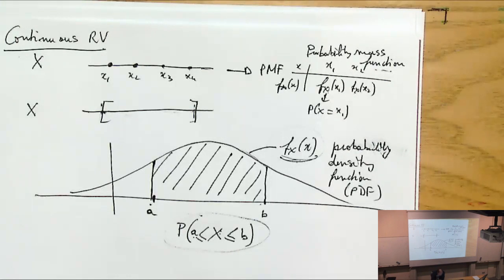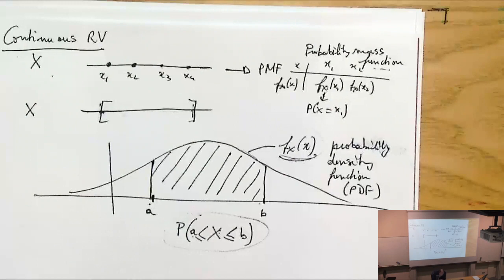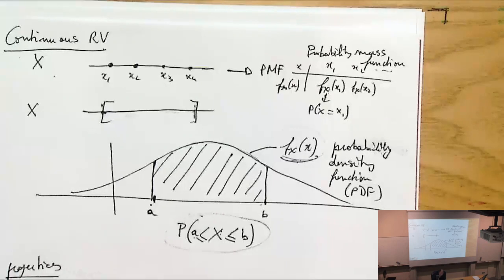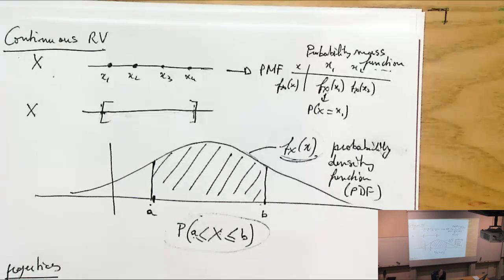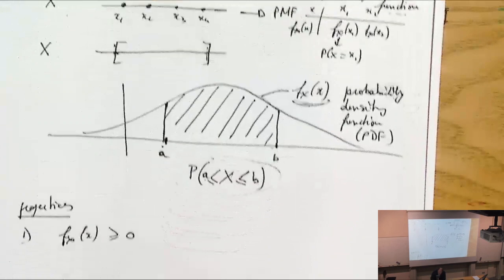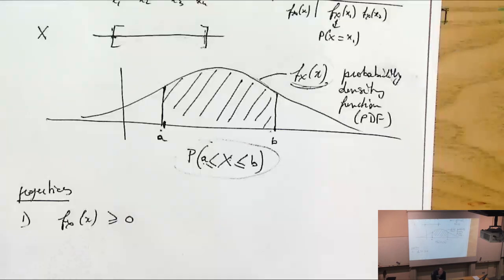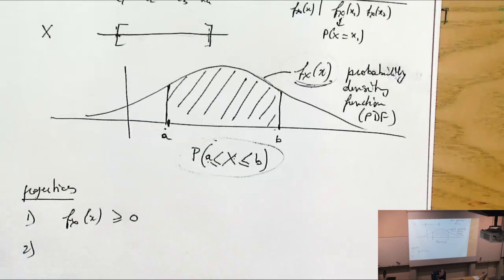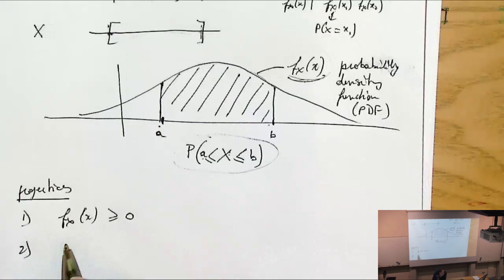Okay, so what are the properties of this f of x, this probability density function? The first one, similar to what we had in the probability mass function, is that it is positive. The second is also similar, but now I don't have a sum.